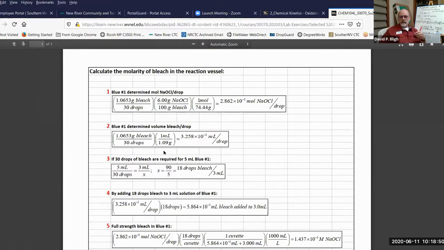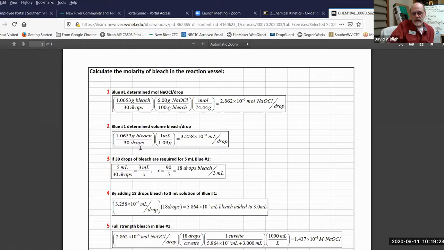So you go through those steps and you find out how many drops of bleach to decolorize a 5 milliliter sample of your diluted blue dye number 1. But the little container that you put into your spectrophotometer doesn't hold 5 mLs.